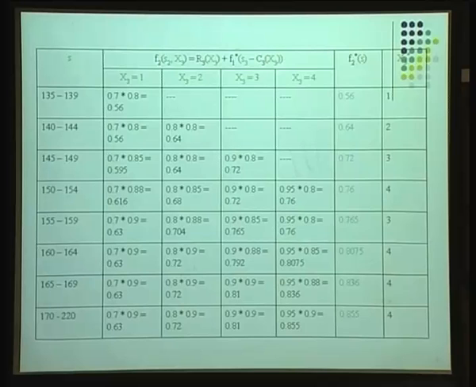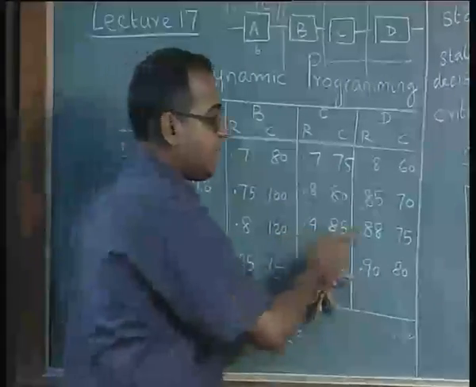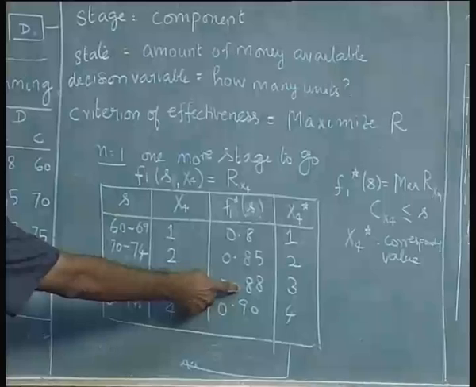So at 160 to 164 we realize that the change actually happens here, 0.9 into 0.88 and 0.95 into 0.85. So if I am at 160 and I decide to buy 3, I have 85 plus 75, so I move into the next range.